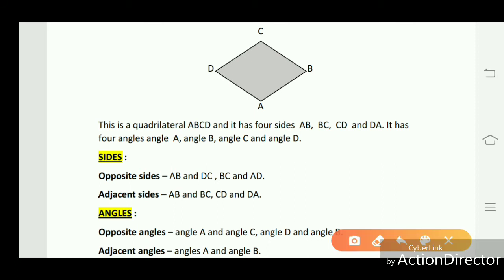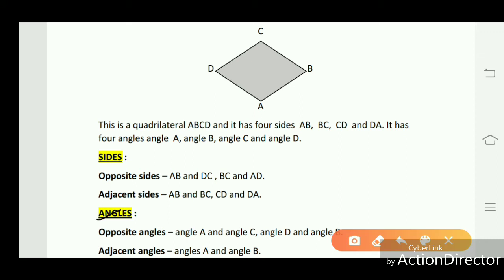Now adjacent sides: AB and BC, this side and this side. Other adjacent sides are CD and DA. Now angles.